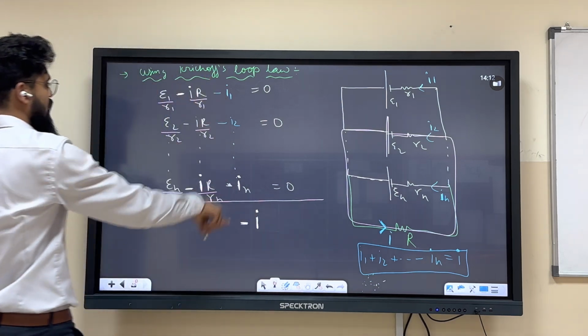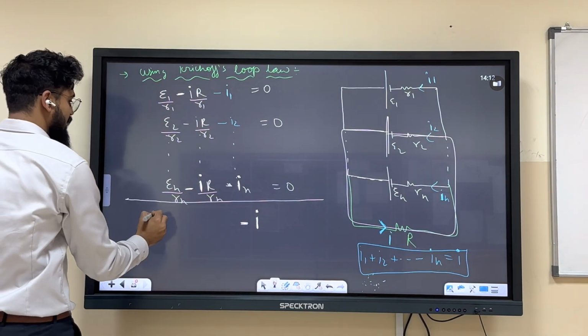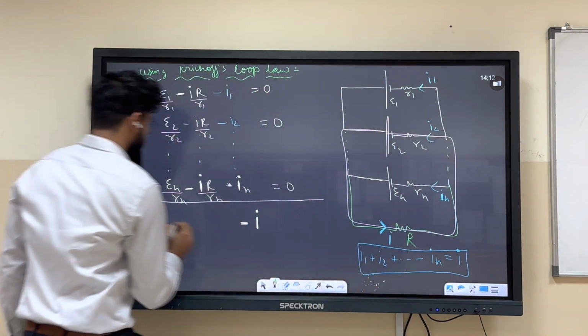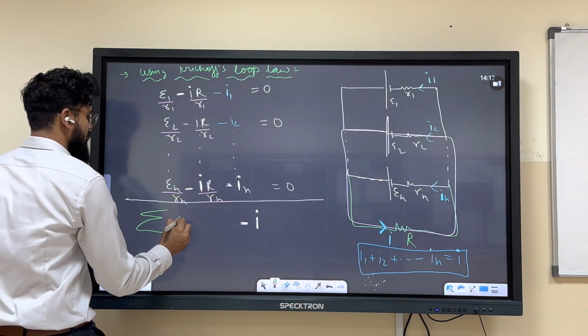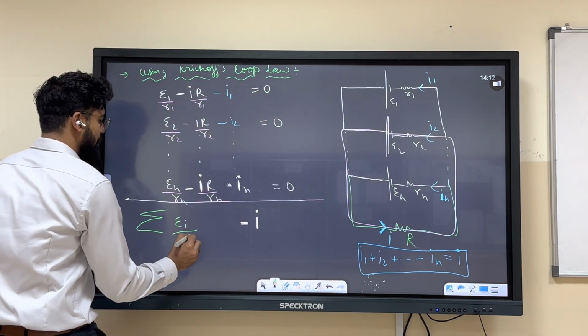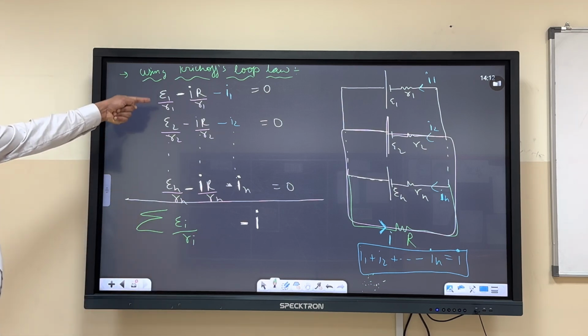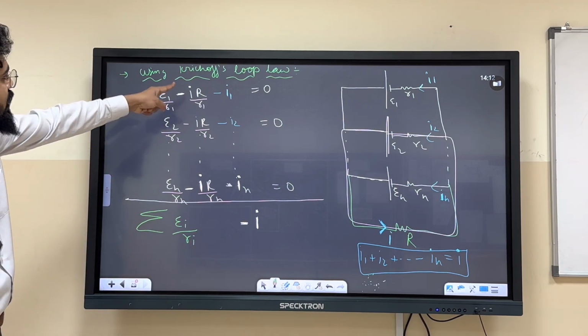I. Okay. Now from here we can write sigma Ei upon Ri. Look, sigma Ei upon Ri. Over here what do we write?